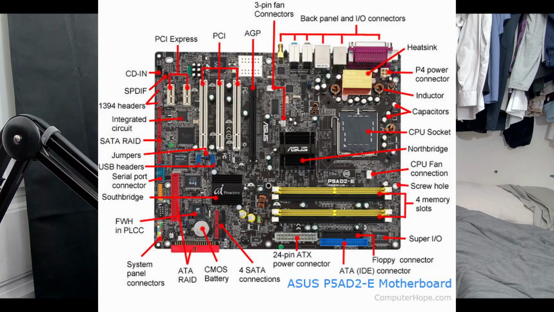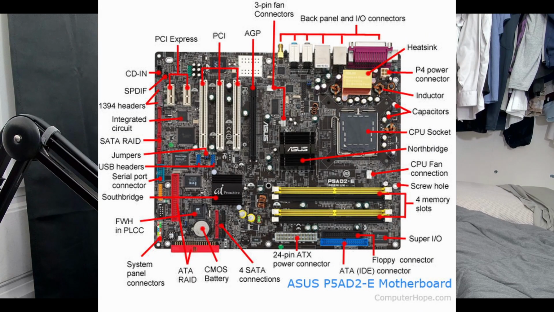Then usually to the right of the CPU, and I say usually because some motherboards are slightly different, so your mileage may vary on this guide, there are RAM slots. The motherboard has slots for installing RAM, which stands for Random Access Memory modules.